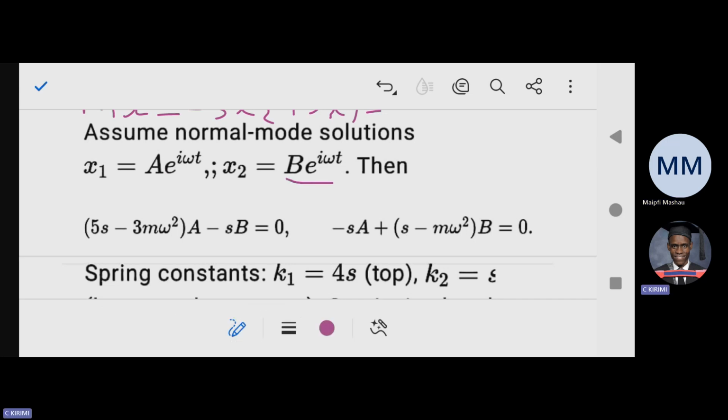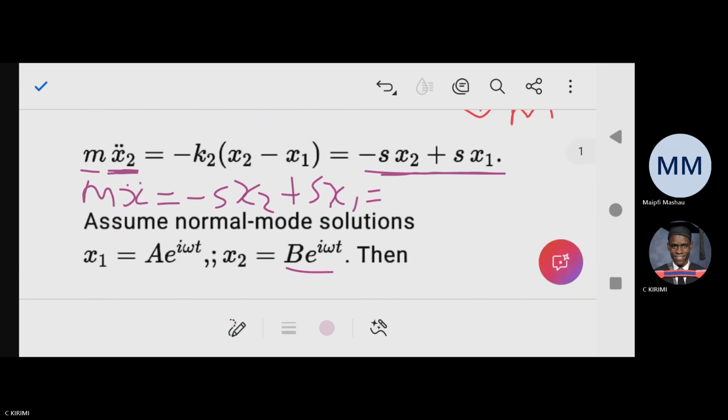That is our x2. So if you come and substitute it into that equation, where you are saying it's minus s x2, you are having an s outside, isn't it? And then you are having B, which is a constant, e to the power i omega t.